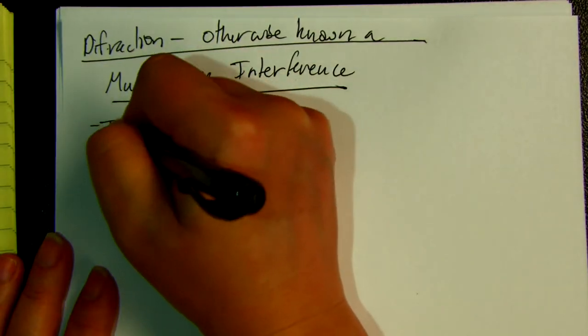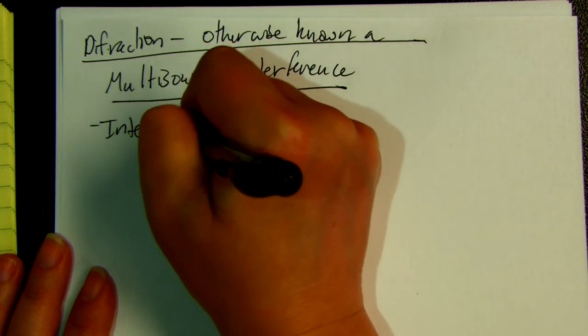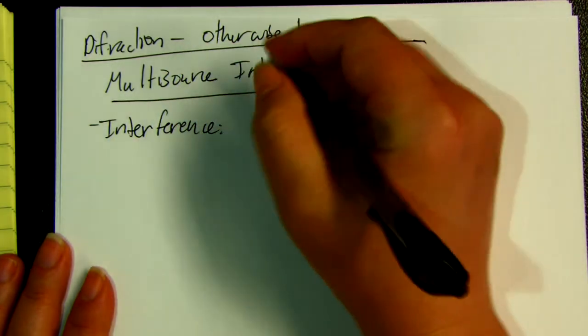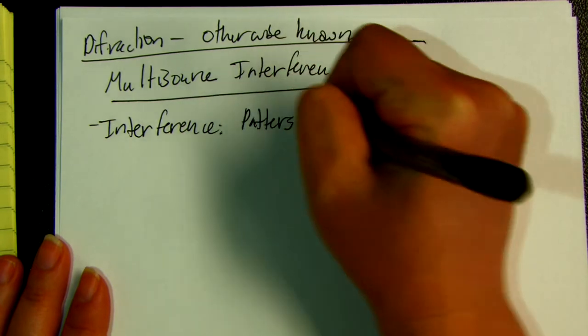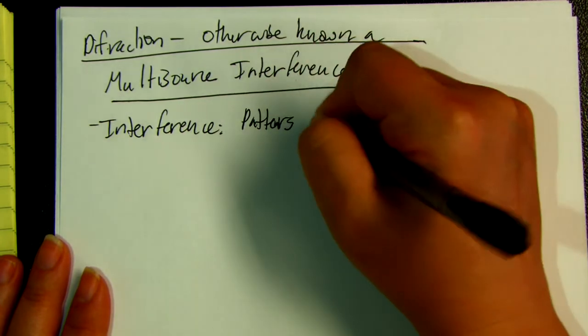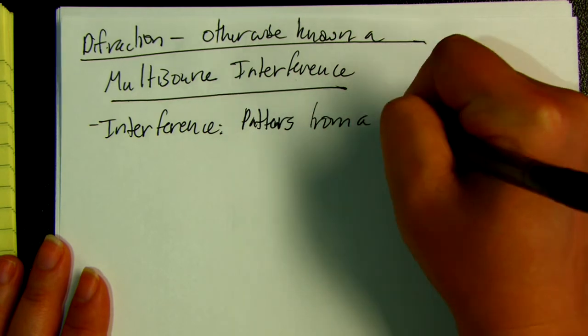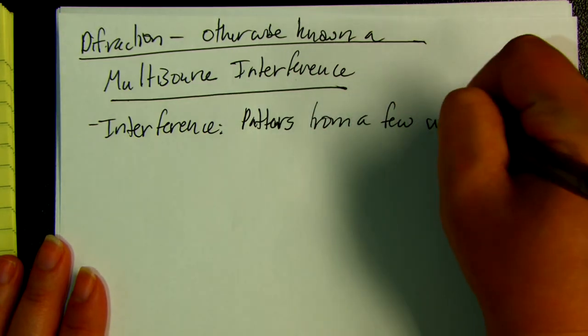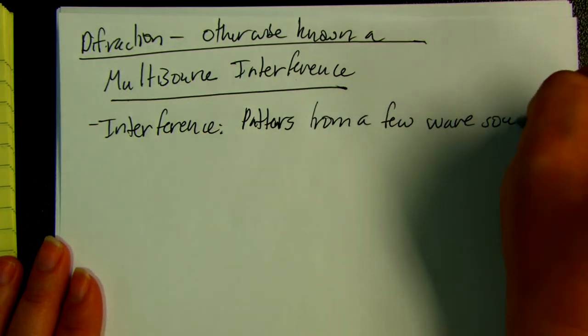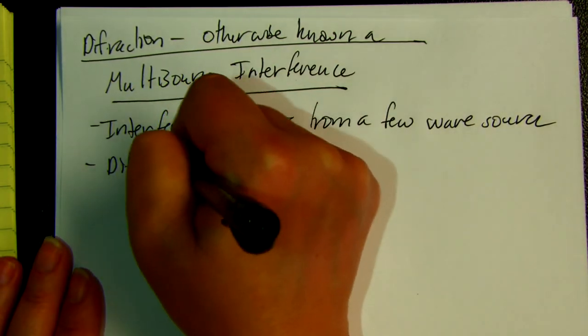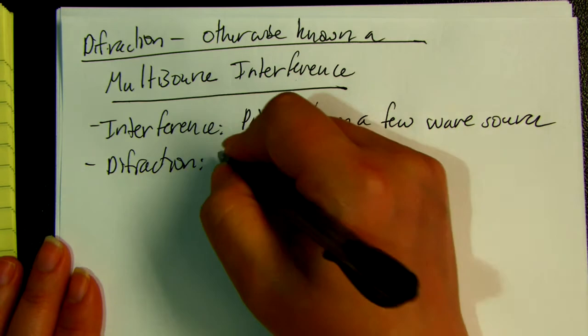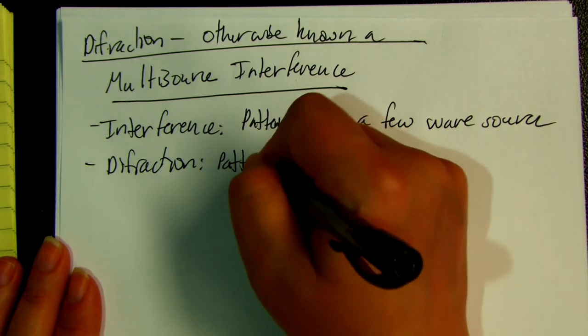So interference is patterns from a few wave sources. And diffraction, patterns from lots of sources.